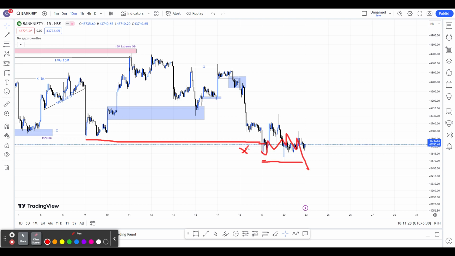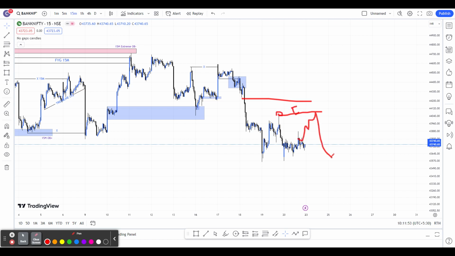This is called a liquidity sweep, and when the market closes below it, this is called a BOS. So until this is liquidity, and what I am thinking is, you can see, this is our inducement and this is the recent order block. There is a possibility that the market is going to tap on this order block and push down, but the higher chance is that the market is going to tap on this fair value gap, sweep this liquidity again and push to the downside. Let's see what the market does on Monday.